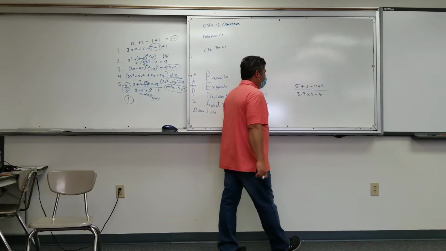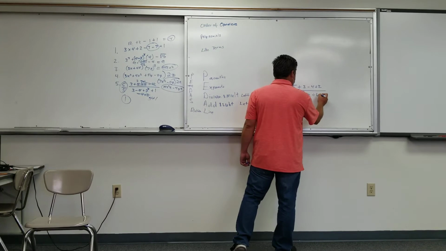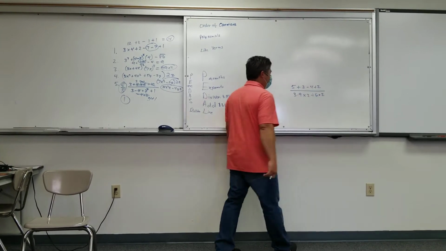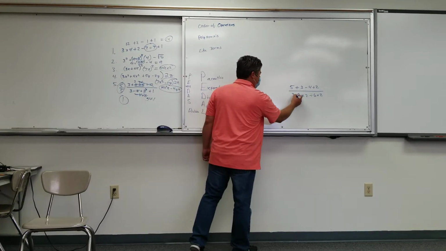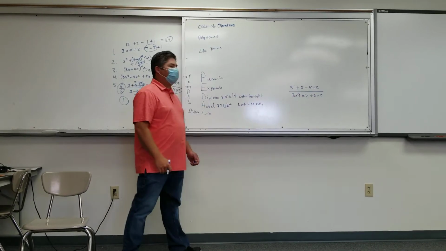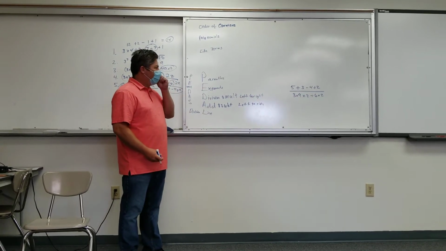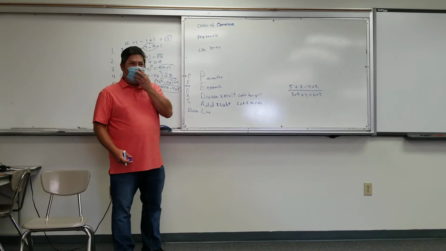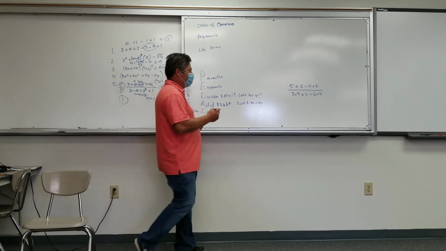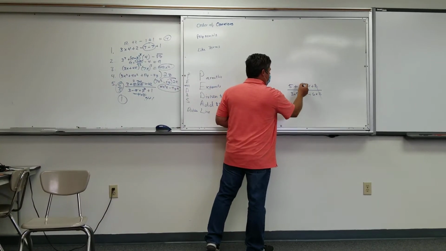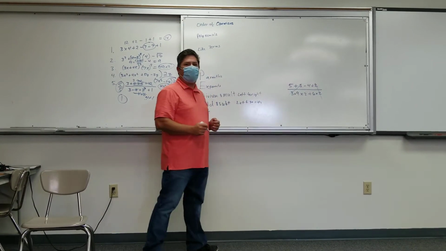Sorry, this is the times also. Okay. So let's say this is the problem. I have kids in my decision-making class, and they'll go like this right off the bat. Is that right?